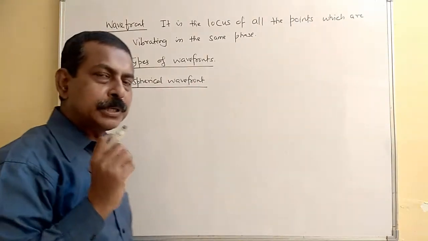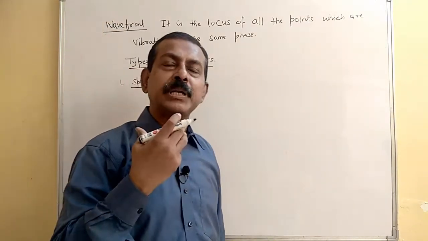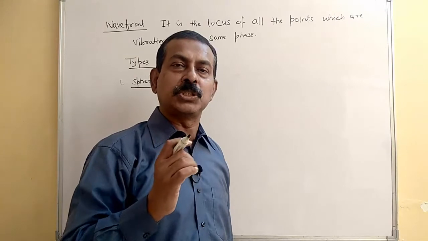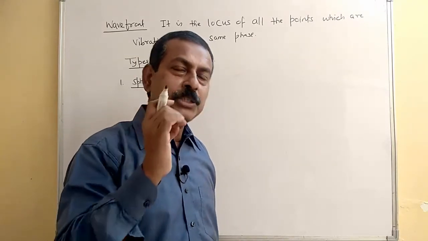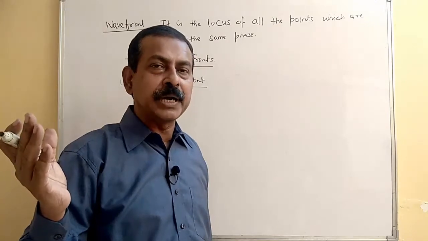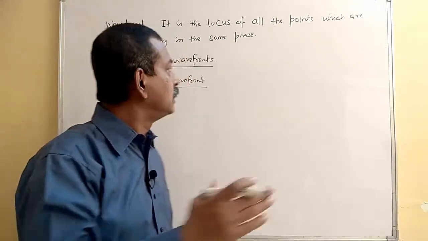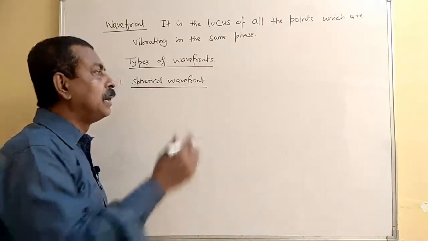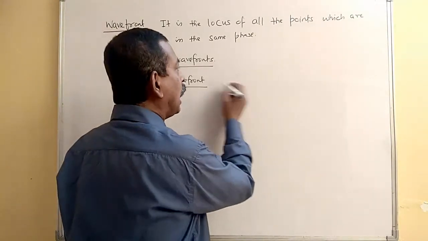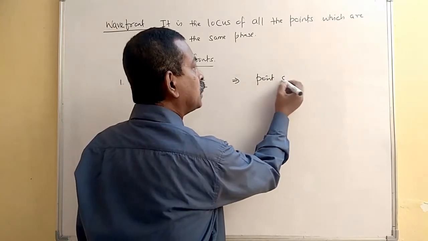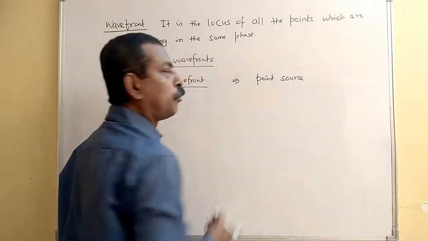A spherical wavefront is that which is spherical in shape and is produced by a point source. So if you have a point source at a particular point, it is giving out wave in all possible direction. In that case, this will give rise to a spherical wavefront there. So that means its source is your point source. This will be originated from a point source.